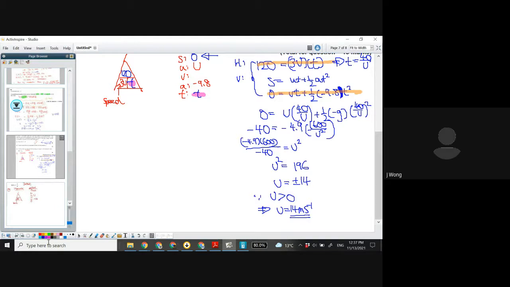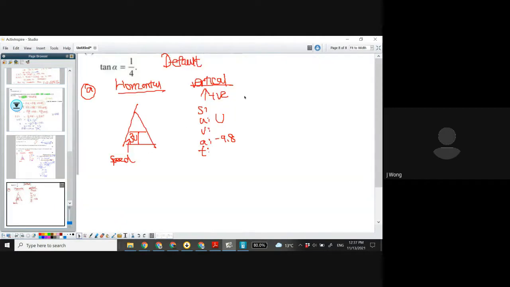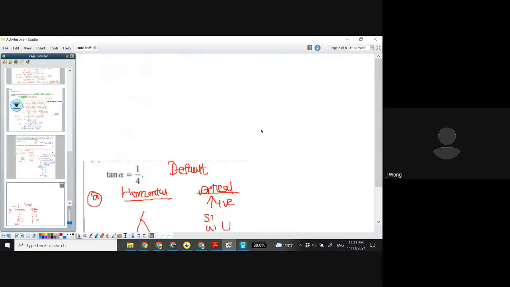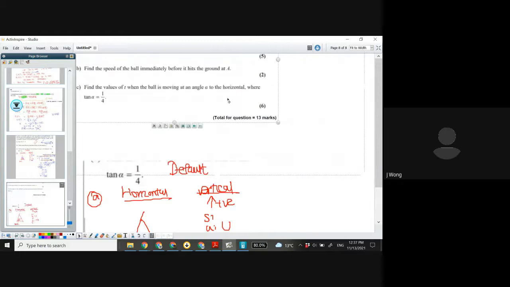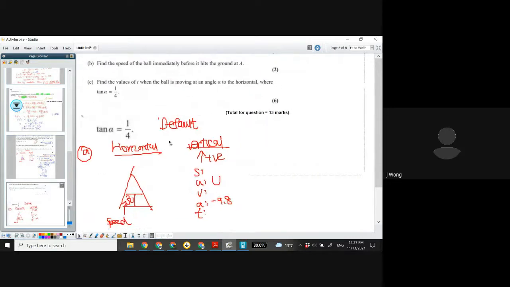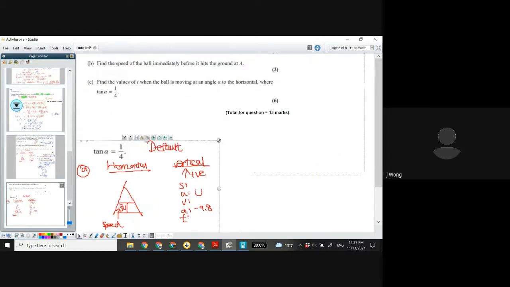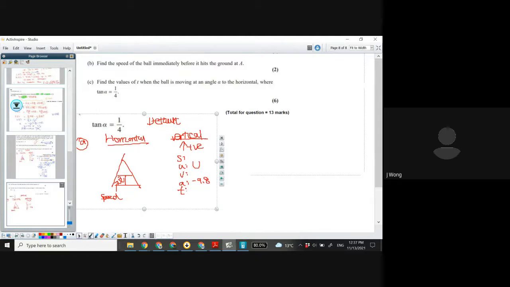Okay, so that is part A. And now let's look at part B. They say to use what we have obtained, the initial velocity, to find the speed of the ball immediately before it hits the floor.